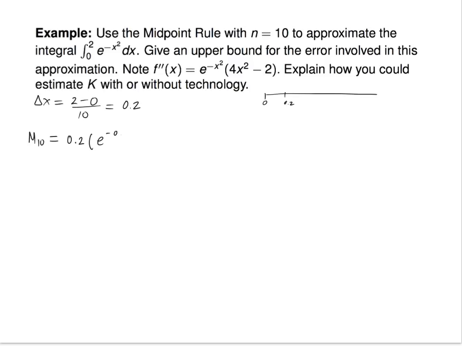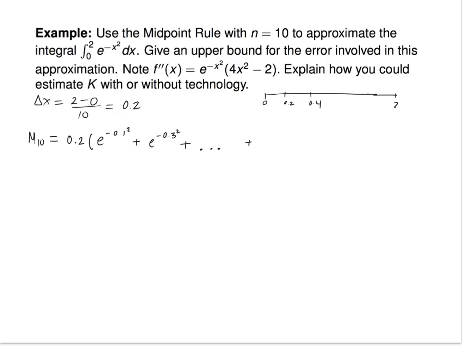So e to the negative 0.1 squared, right? Or f of 0.1. Next, you're going to plug in e to the negative 0.3 squared. Does that make sense? And here's the pattern thing, plus dot, dot, dot. And then just give me the last two.